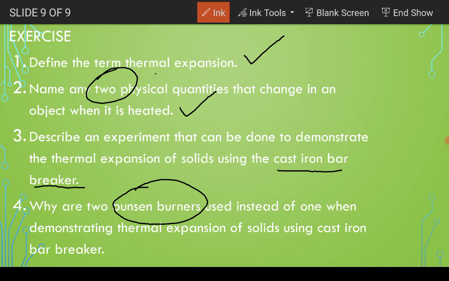But before that, we must have a look at the particle behavior in solids as they are being heated and expanded. So we'll look at that, and then we proceed to thermal expansion of liquids and then gases.